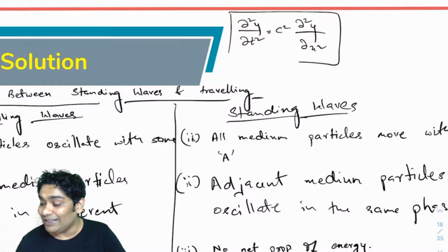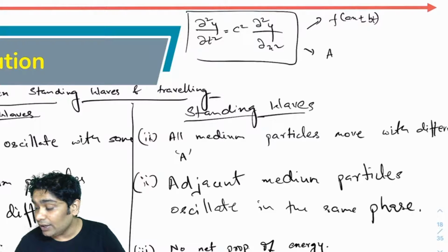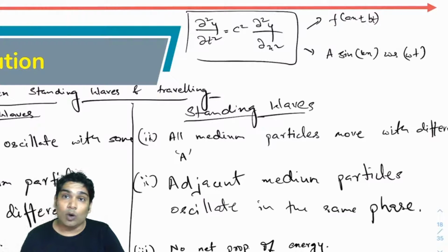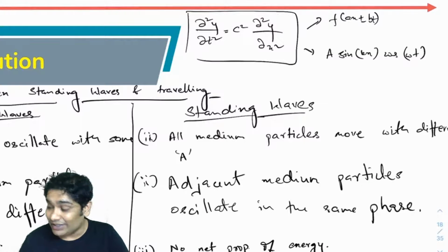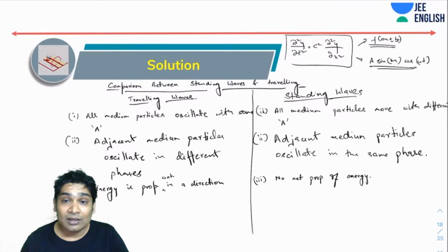The other family is this. So one family was f of ax plus minus bt. Another was any a sine kx into cos of omega t. This kind of equation will also be satisfying this differential equation. So this is what your traveling wave equations are. This is what your standing wave equations are.